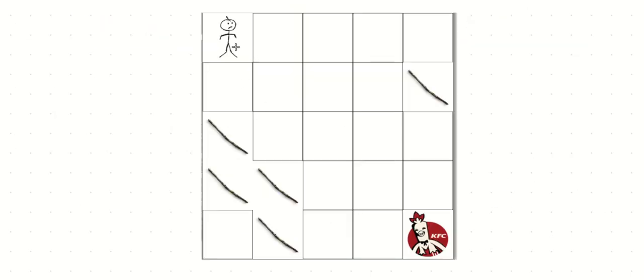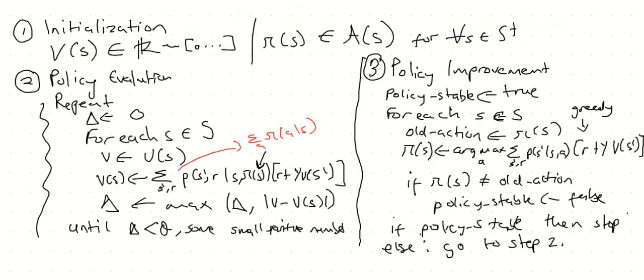Basically we'll be trying to find the optimal path to this point and trying to avoid these areas. I'll describe this more in the next lecture, and I hope this video has given you a better idea of what policy evaluation is, what policy improvement is, and how they come together to give us the policy iteration algorithm.